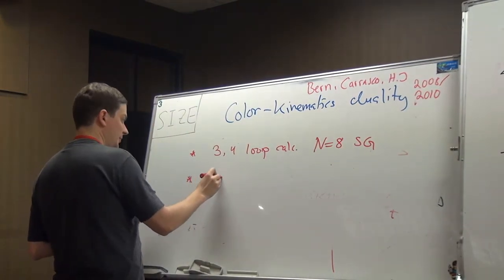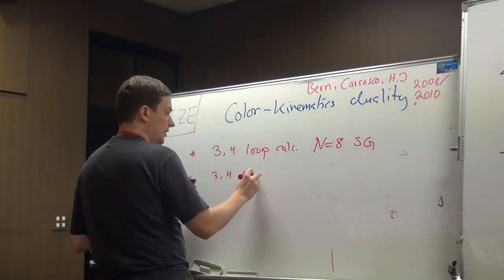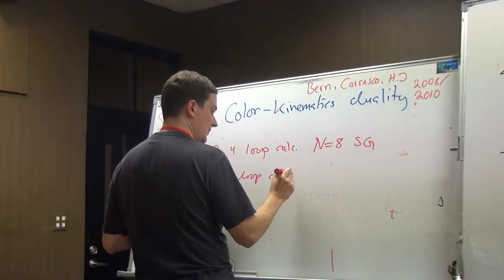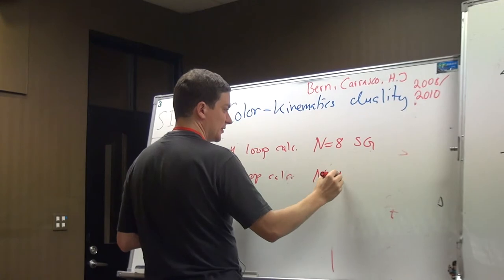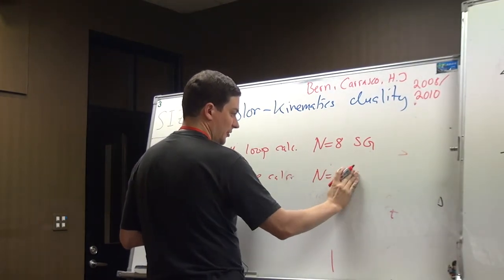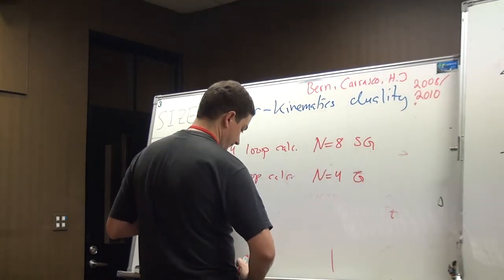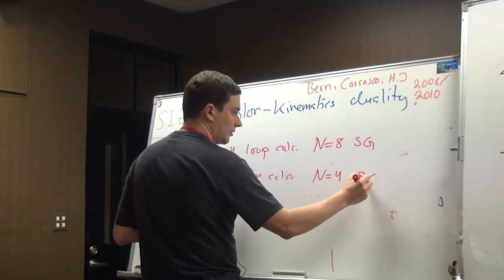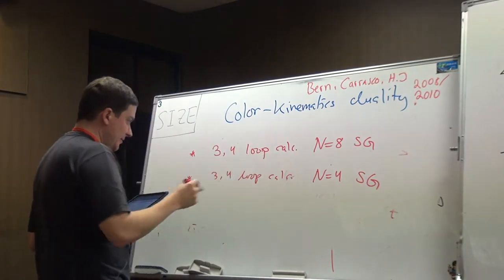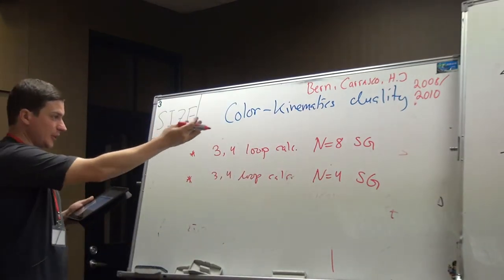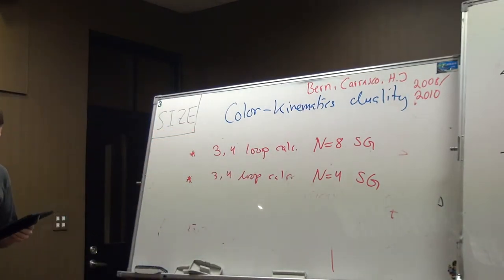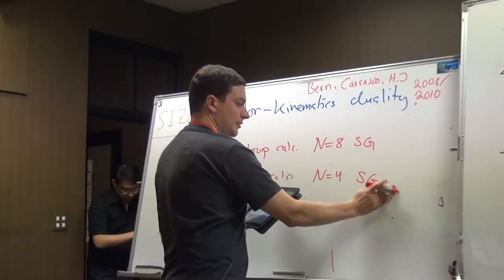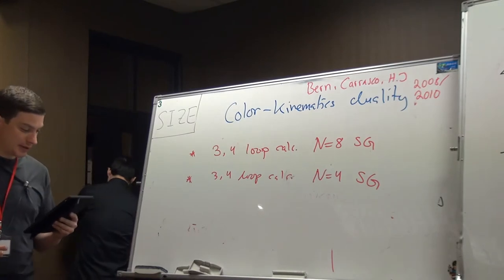There's been 3 and 4 loop calculations in N=4 supergravity. And these calculations were done in order to figure out the ultraviolet behavior of this theory. And that's still a currently ongoing investigation, but it's not the topic of this talk.